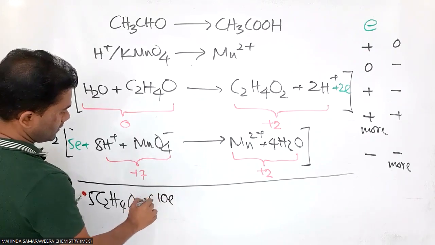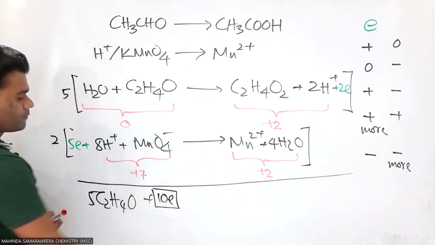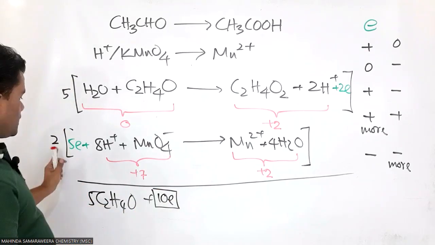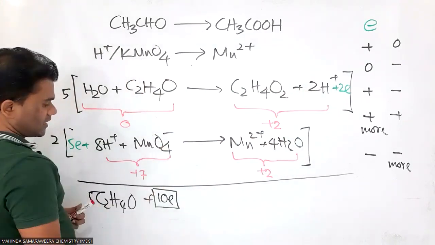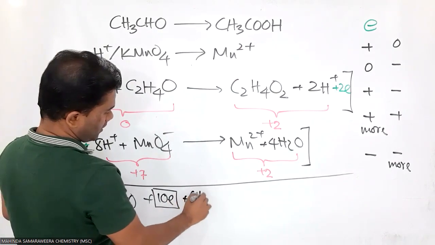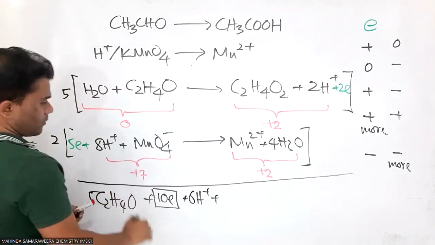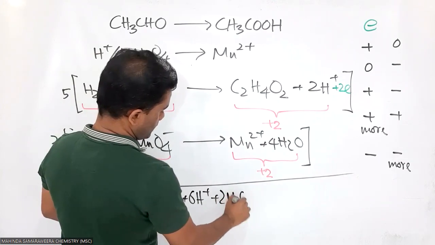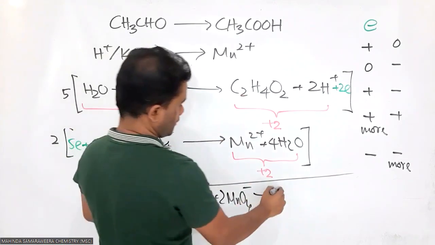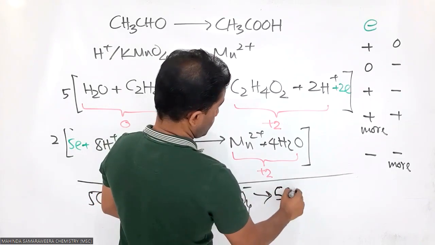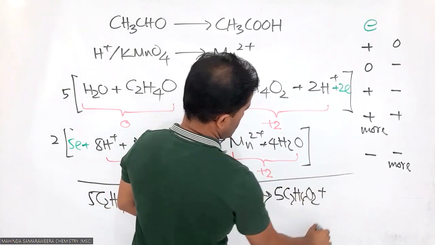I write it here because that's our question, to show it. 2 into 8, 16H plus. 5 into 2, 10H plus. 10, 16. What's remaining? 6H plus remains. Plus, this is multiplied by 2, 2 permanganate. Goes to, this is by 5, 5C2H4O2 plus.